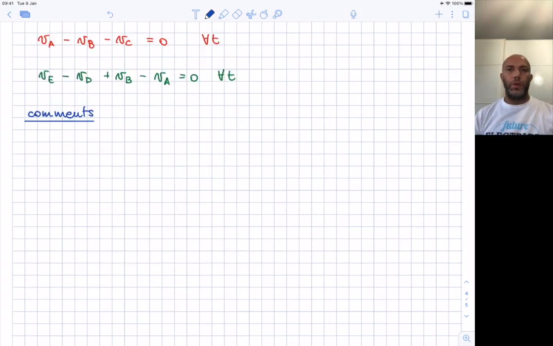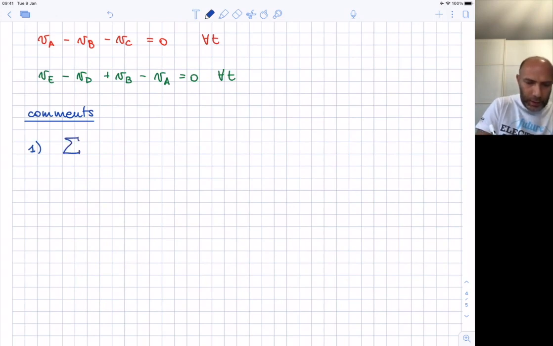Let's introduce also for Kirchhoff's voltage law some comments. The first one is that we can write the Kirchhoff voltage law as the sum of the voltages of all branches, so for k that goes from 1 to the number of branches B, and this voltage is taken with a specific coefficient.